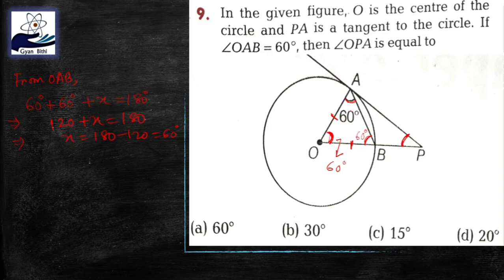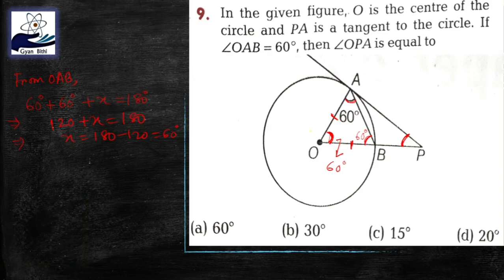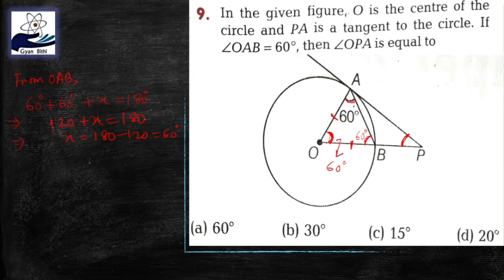Now we all know that any tangent is perpendicular to the radius at the point of contact. So this angle here is actually 90 degrees, isn't it? OA is perpendicular to PA.